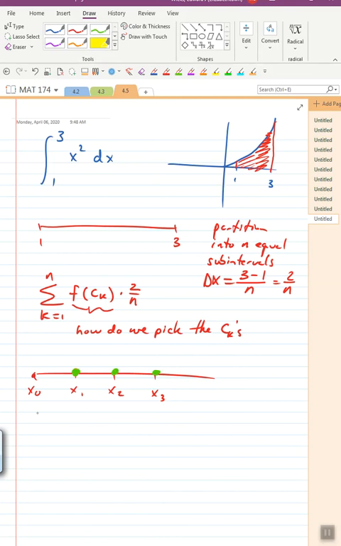So in other words, we're saying C1 would be x1, C2 would be x2, and so on. With me? Alright, now question. In our situation, what's the x0 here? It's 1, isn't it? What's this value right here?